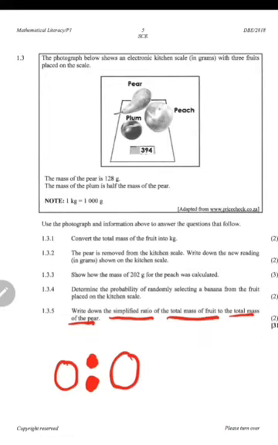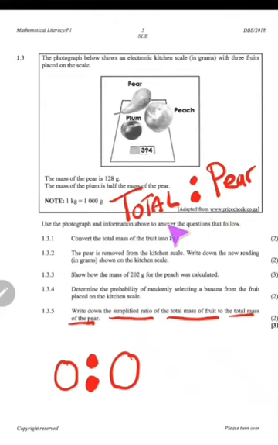From what we know, the total mass of the fruit should be in relation to the total mass of the pear. We know total mass is 394 and the mass of the pear is given as 128. So that is our actual answer: 394 in relation to 128. That would be our ratio.